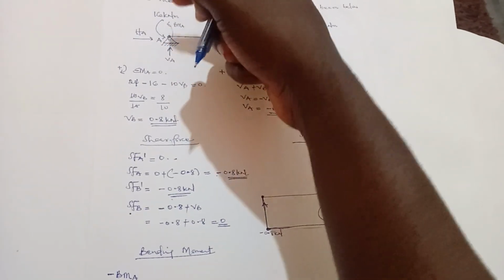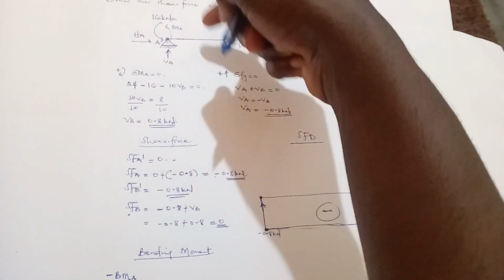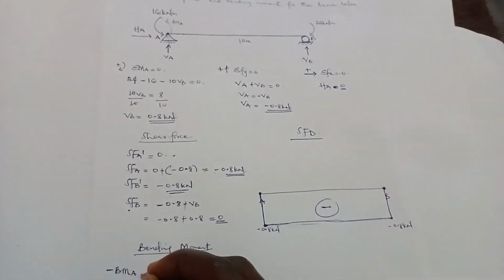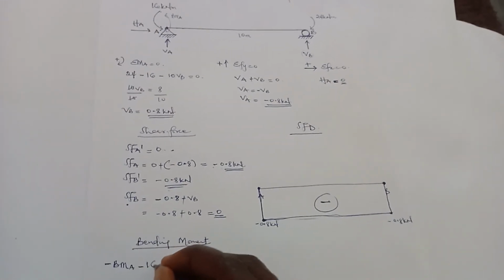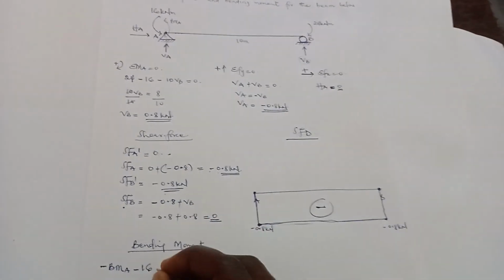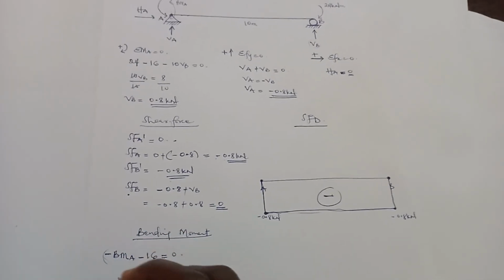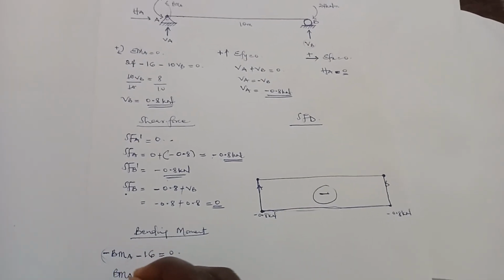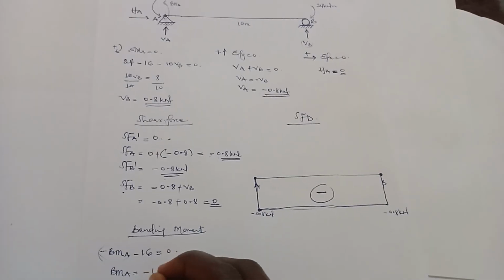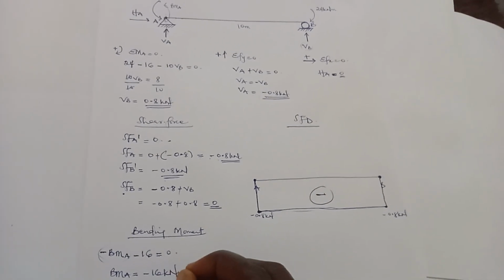The 16 kilonewton meter is also moving in the anti-clockwise direction, so that one will be minus 16. These are the only forces that will cause moment at A. Everything here is equal to 0. When I make BMA the subject, BMA will be equal to negative 16 kilonewton meter.